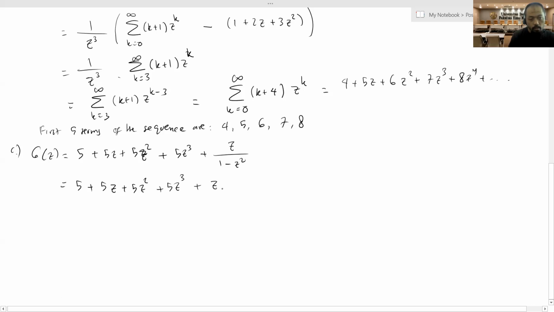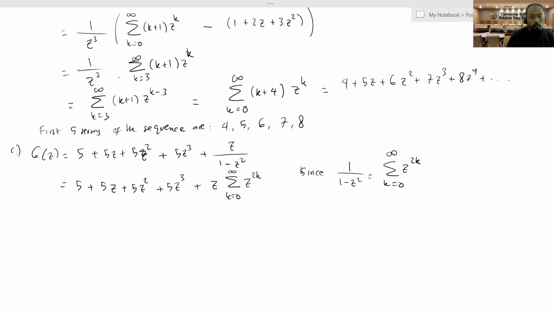So in this case, this is equal to plus z times sum of k from 0 to infinity z to 2k, since there's this one.